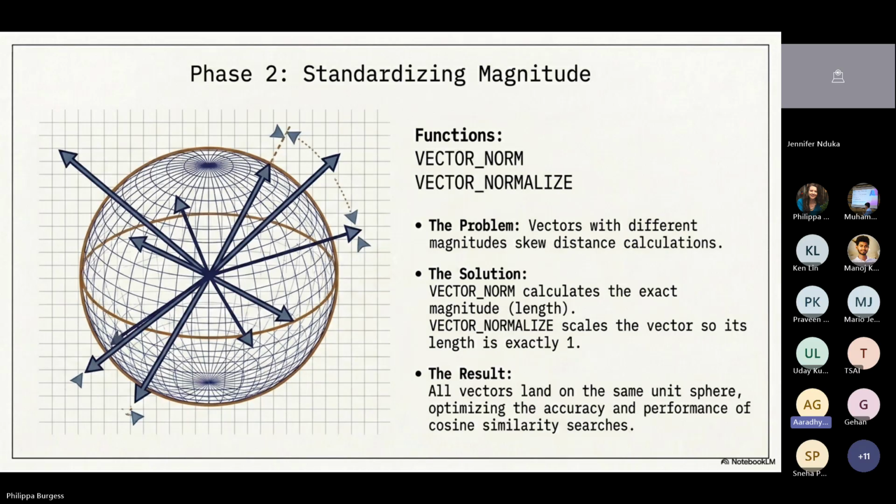Vector normalize mathematically scales the length of every single vector down to exactly one. So we will be talking about standardizing magnitude now.